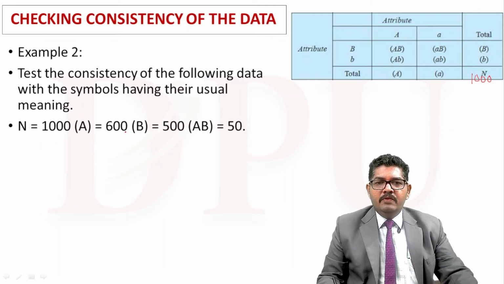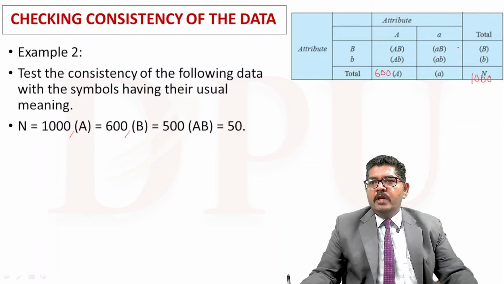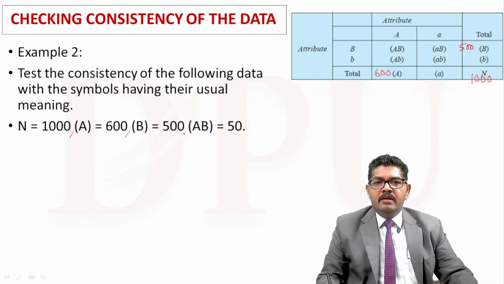A is given as 600, so I am writing A here, 600. B is 500, so let us write B 500 here. Capital AB means presence of both the attributes A and B, and this is equal to 50.